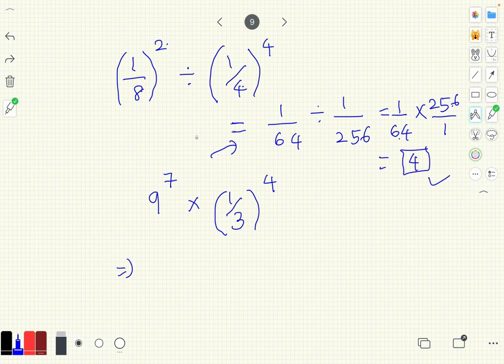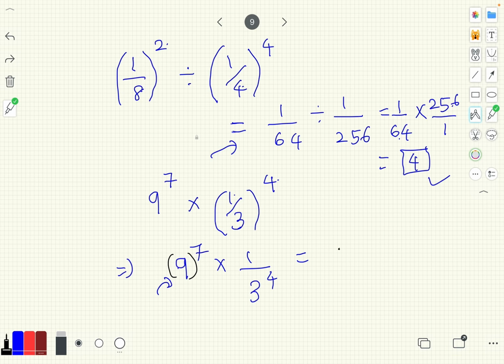And the second question, 9 to the power 7 times 1 to the power 4 is 1, 3 to the power 4 is 3 to the power 4 as it is. So now what we can do is, this is 9, let's write the 9 in the base of 3. Just look at this very carefully, this is 9.